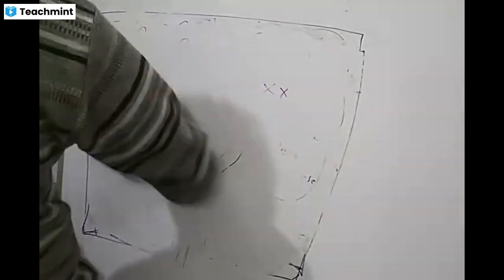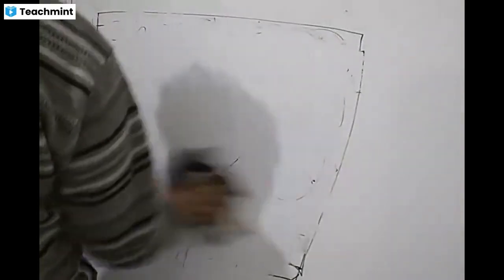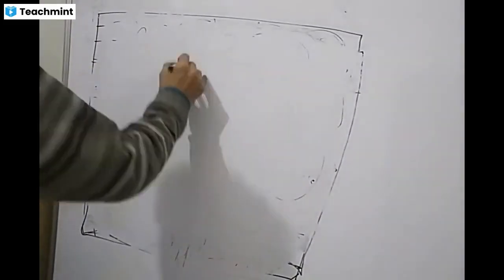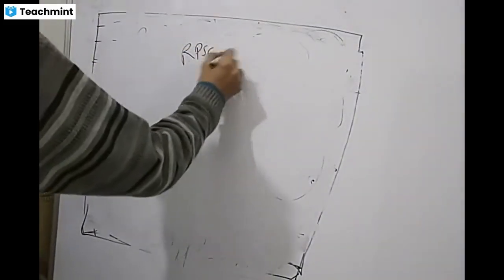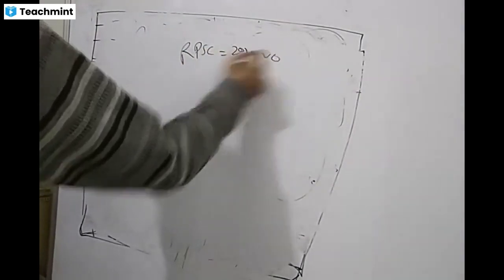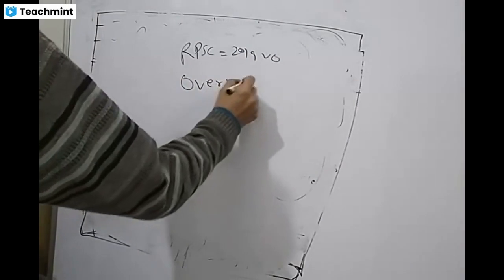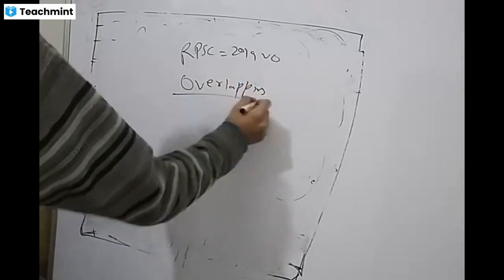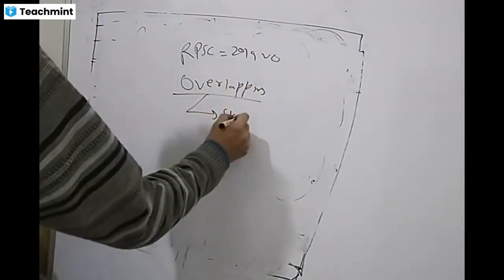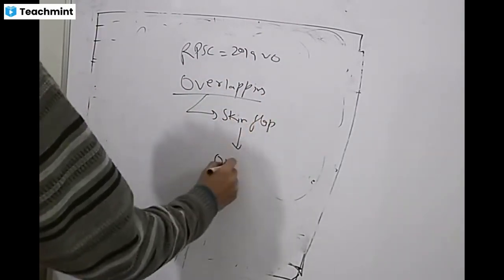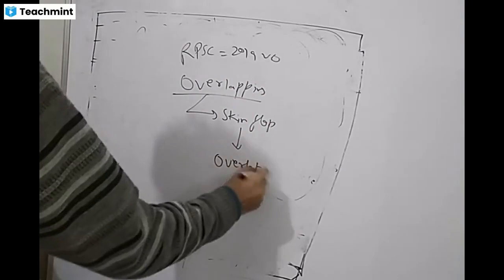The next is overlapping suture. It was asked in our PhD 2019 viva exam. Overlapping means after suturing, the skin flaps overlap.